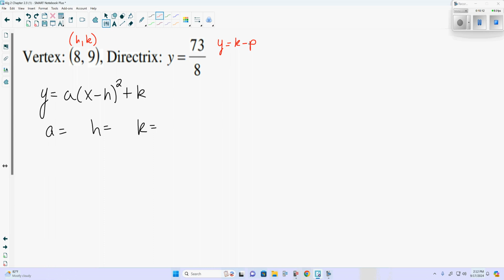We match it up. So our h value is what? 8. k is 9. Well, that gives us most of the equation. x minus 8 squared plus 9.